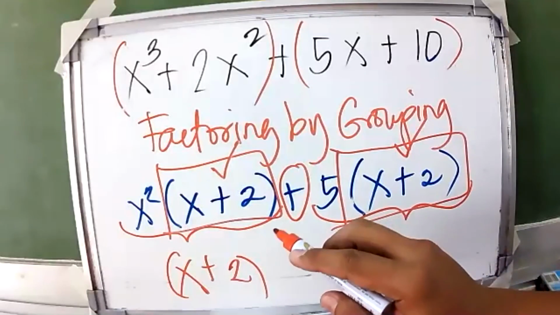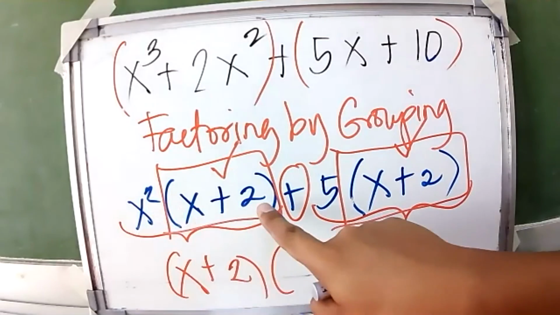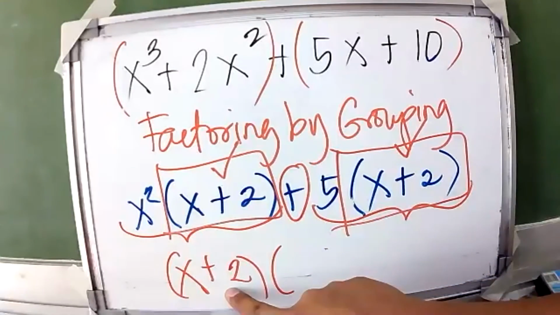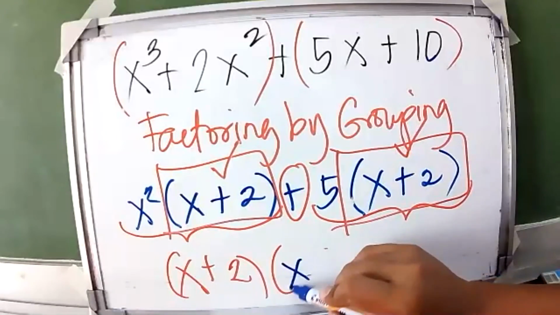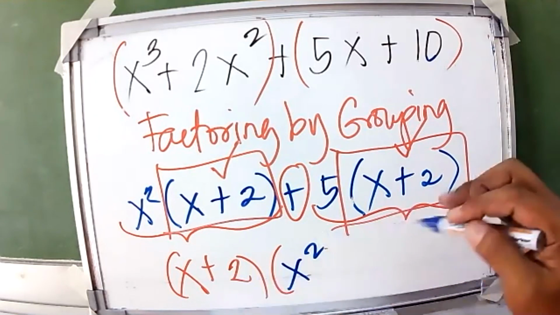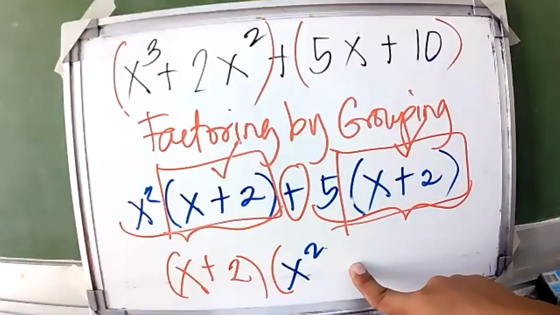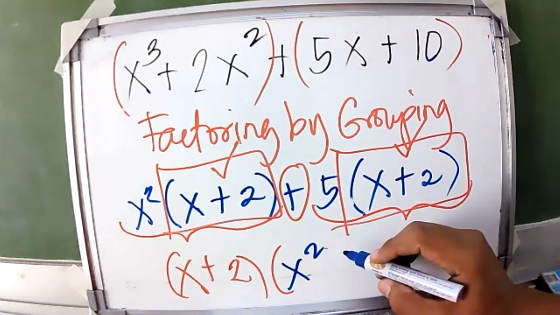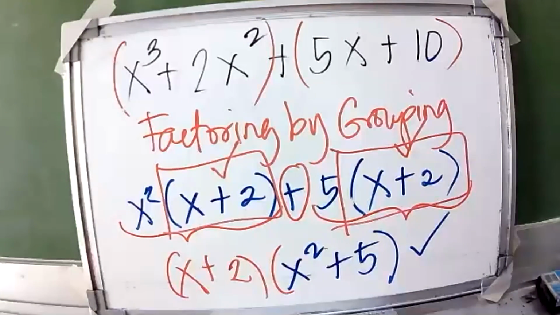Okay, thank you. Now, when you factor this out, what's left? x squared times x plus 2 divided by x plus 2. What's left? x squared. Since x plus 2 is common, you factored it out. And then, 5 times x plus 2 divided by x plus 2. What's left? Five. Plus 5. Okay, plus 5. And that is already the factored form.